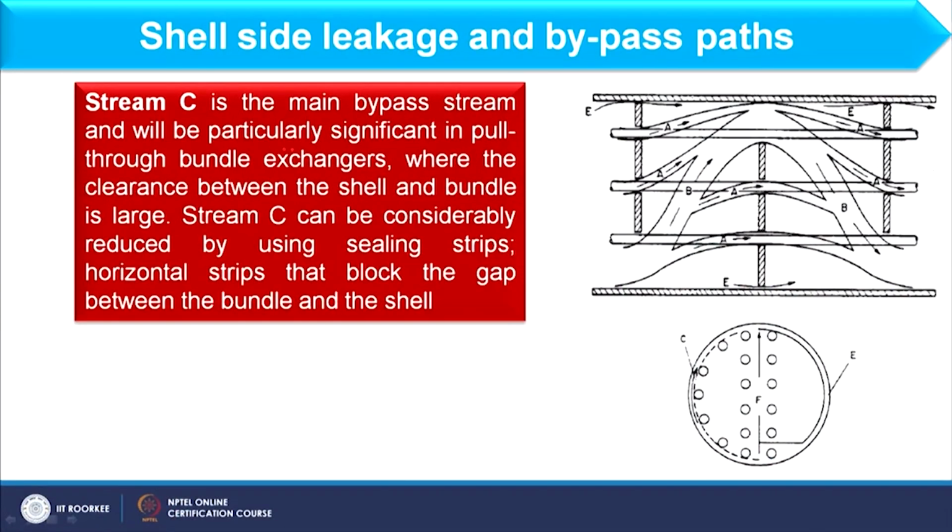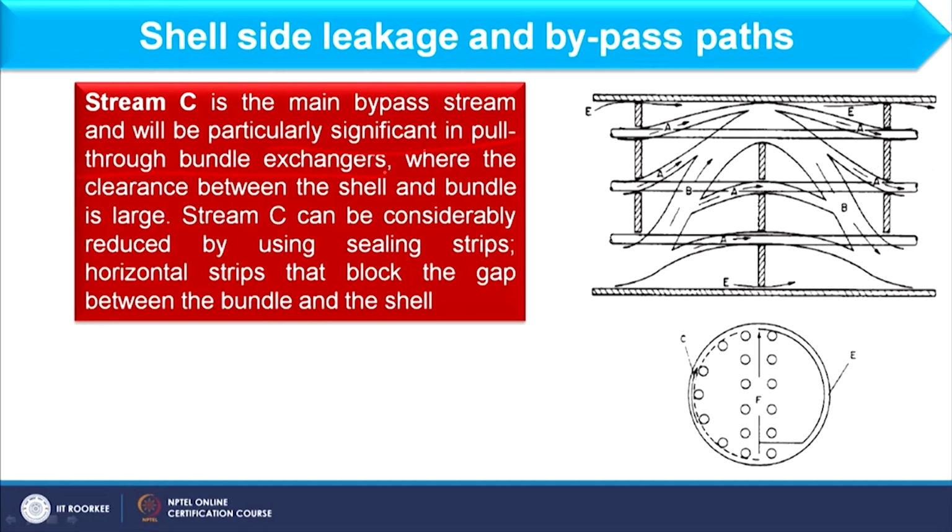So, when I am considering stream C, this is the only bypass stream which is available in shell side. And that stream is more significant when I am considering a pull through bundle exchanger or internal floating head, as we have discussed in the lecture on classification of heat exchangers. There we have discussed that the main limitation of internal floating head heat exchanger is that it has more shell diameter, which means more clearance.